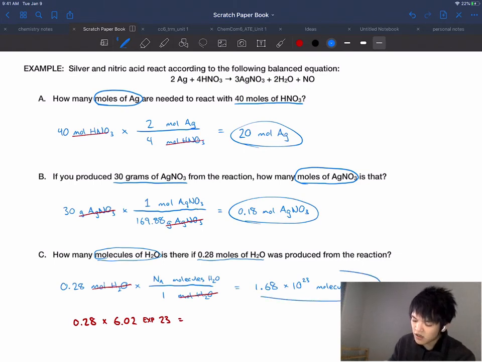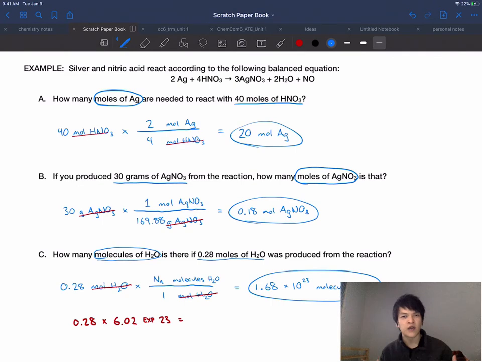All right, and it should be that way because 1 molecule of H2O is incredibly tiny. If you have 0.28 moles of it, you should have a lot of molecules, regardless, because molecules and atoms are super tiny.